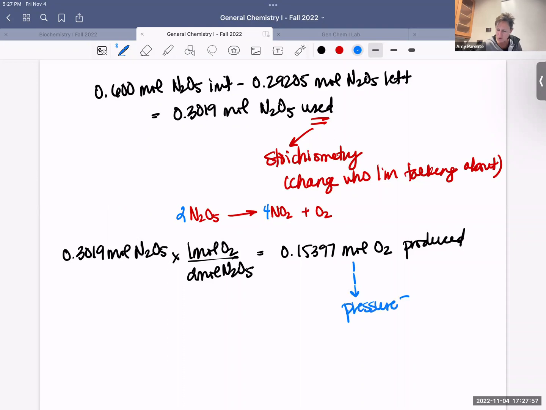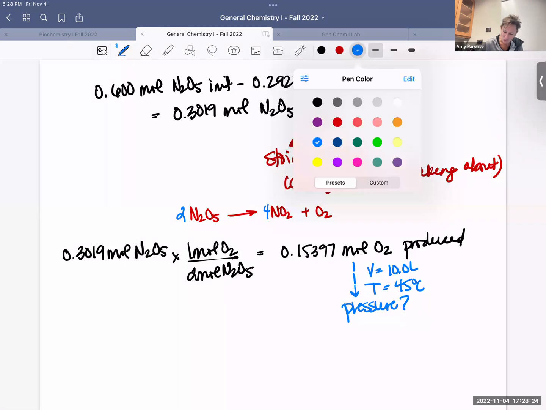Do you know a way that I can convert the amount of oxygen produced to a pressure? If I knew, for example, the volume that it was contained in, and I knew the temperature that it was at, and this is at 45 degrees C. I'm going to pick a new color because this is really important.